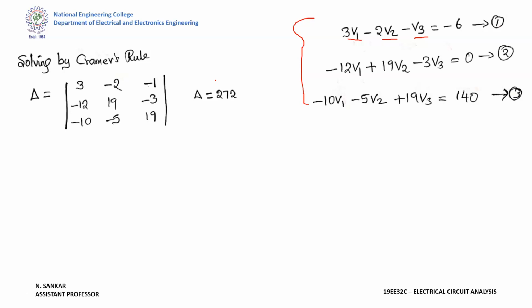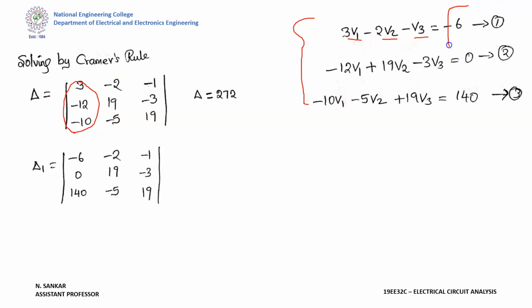So then you have to find delta 1. So delta 1 is nothing but replacing the first column by the constant values, that is minus 6, 0 and then 140. Okay. So if you replace the first column of del by this constant, then it will be del 1. So del 1 is nothing but 1424.